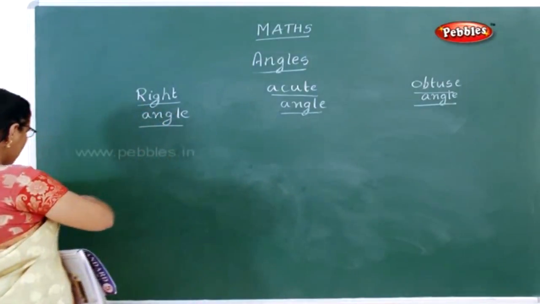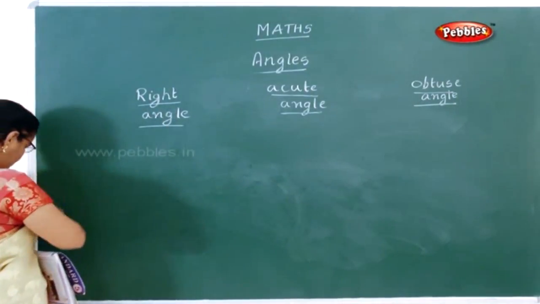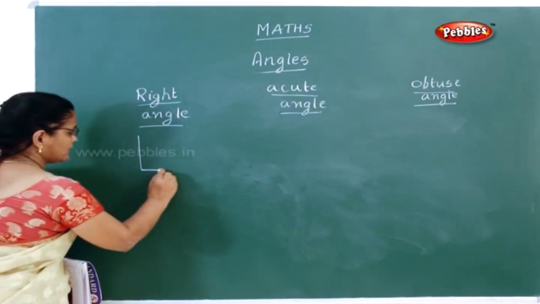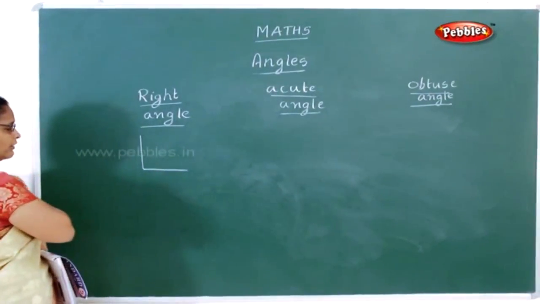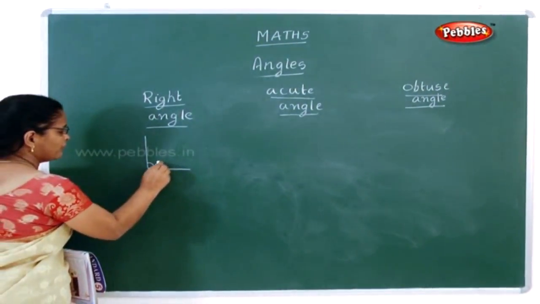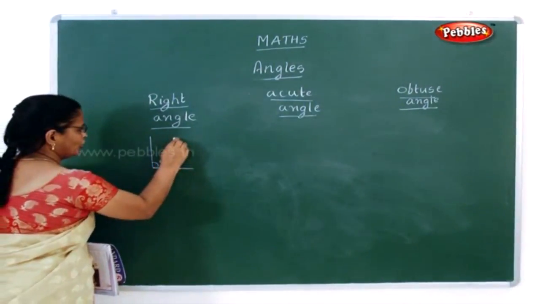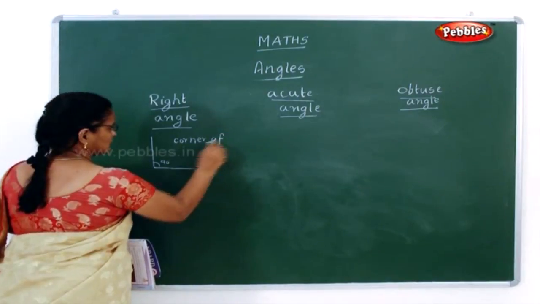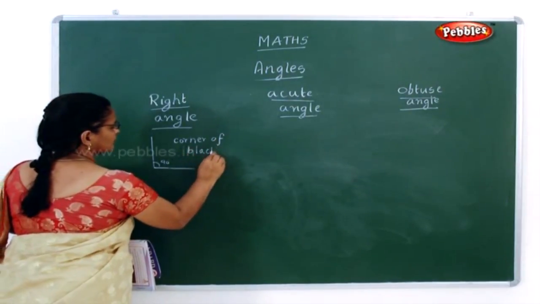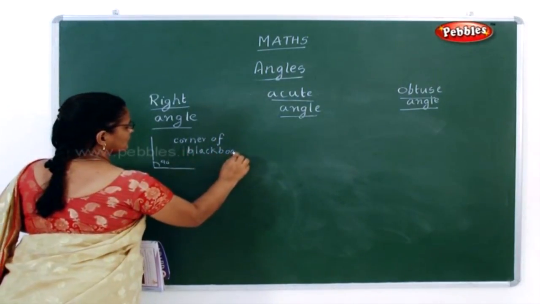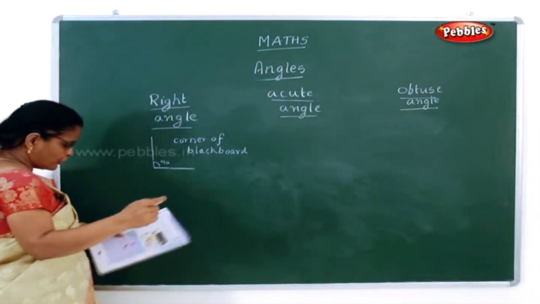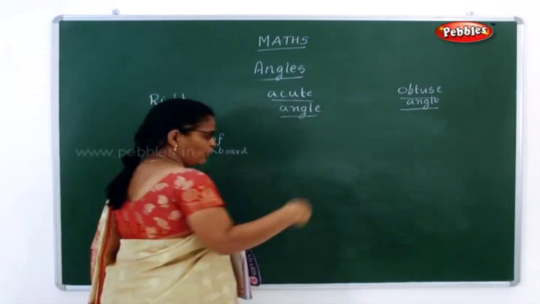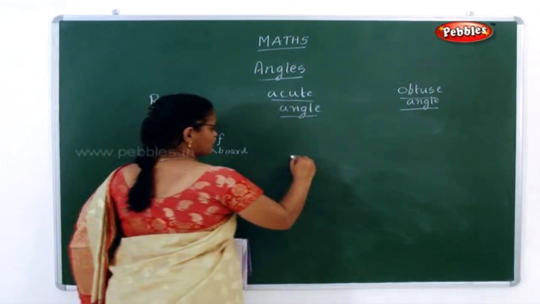Now see, what is this? The corner of the blackboard. What shape is it? It is in the shape of a right angle. So the corner of the blackboard is a right angle. Now for an acute angle, you can look at the boy wearing the shirt, the bottom of the shirt.